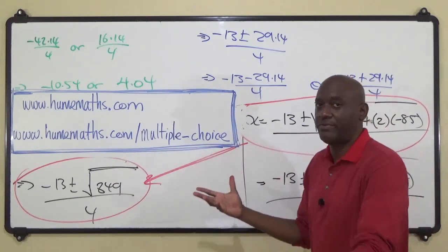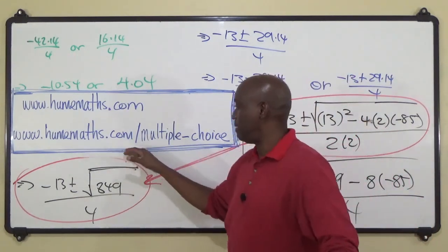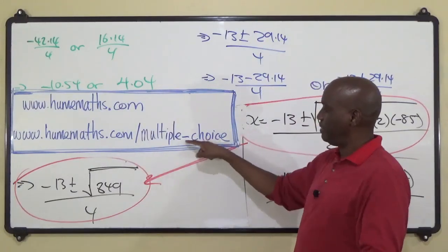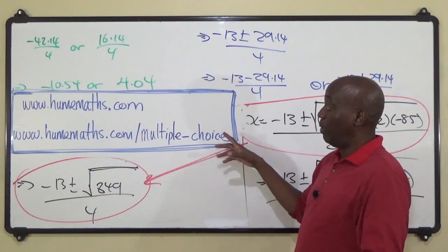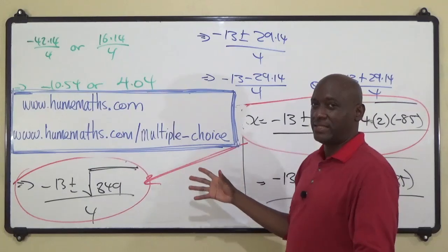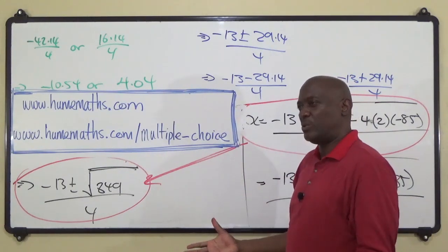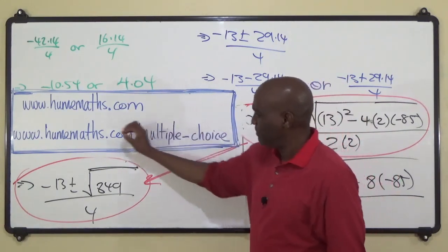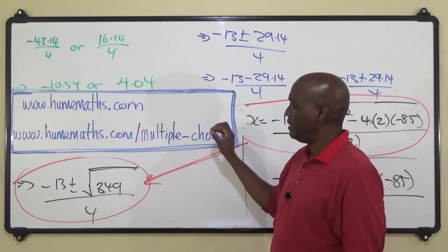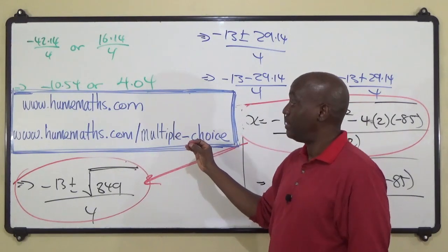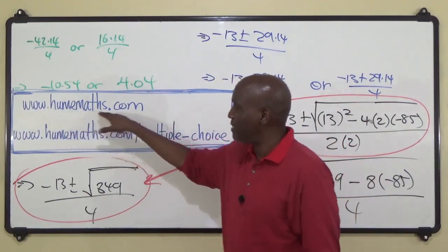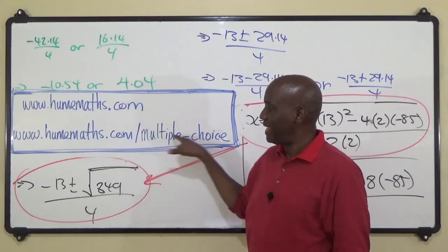Some of us might prefer to type humemaths.com/multiple-choice. Or in the case of others who might not be so comfortable with all of this, I set it up deliberately so that even if you type humemaths.com, here is where you'll end up.